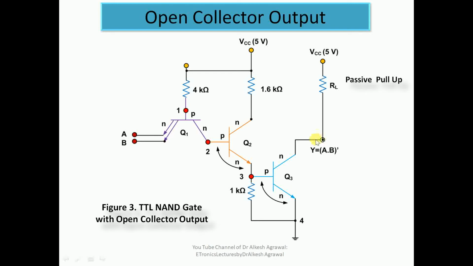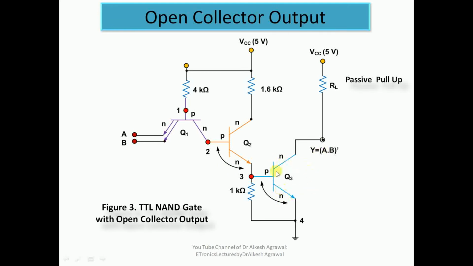So if Q3 is on, or if output is low, meaning it is pulled down to ground, VC is low. When Q3 is on or in saturation mode, Q2 should also be in saturation mode. And the voltage at this point must be sufficient to overcome VBE of Q1, VBE of Q2, and VBE of Q3.